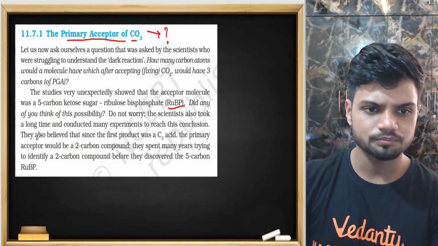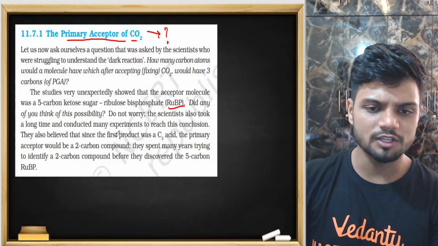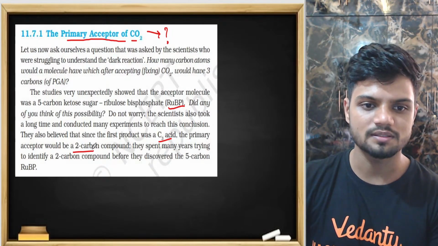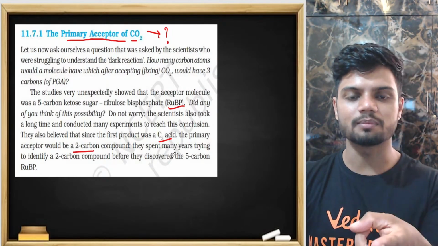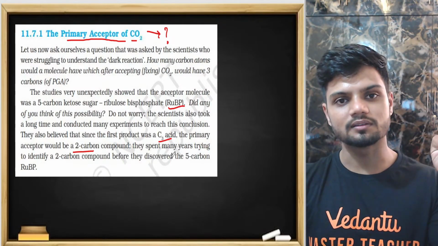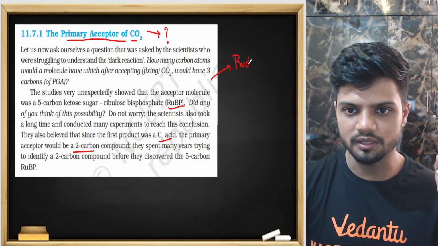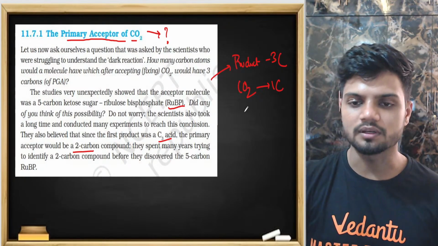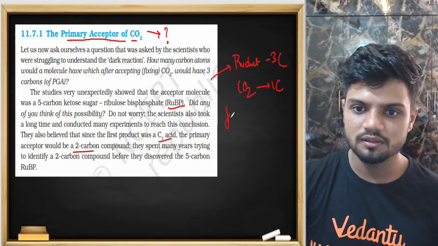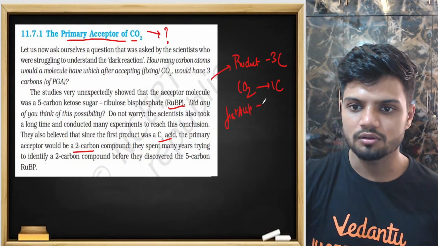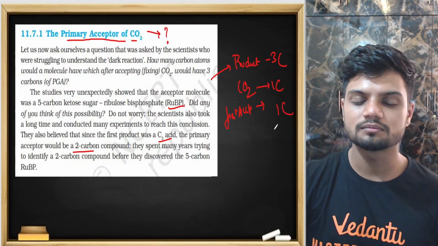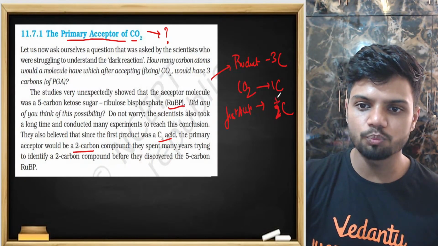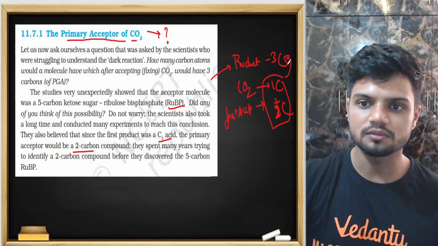Now they also believed that since the first product was a 3 carbon compound, the primary acceptor would be a 2 carbon compound. It makes sense. If the product is 3 carbon and CO2 is 1 carbon, obviously the acceptor is supposed to be 2 carbon, because 2 plus 1 is 3.